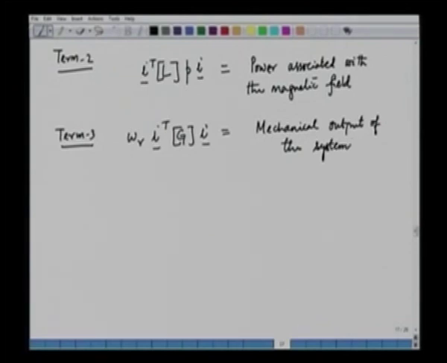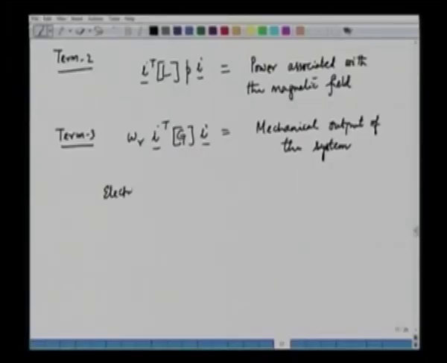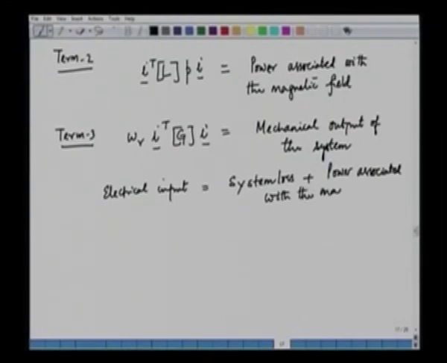It is quite natural, because if you see the entire equation, what we can say here is the following, that the electrical input is equal to the system loss plus the power associated with the magnetic field plus the mechanical output.